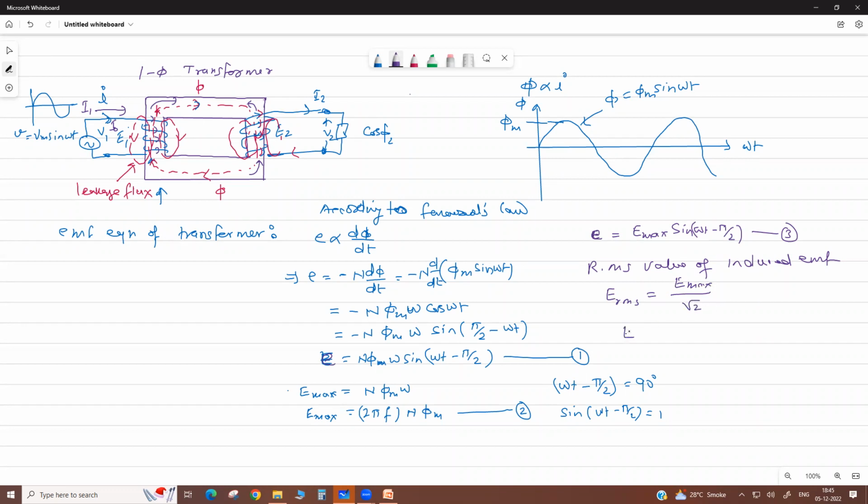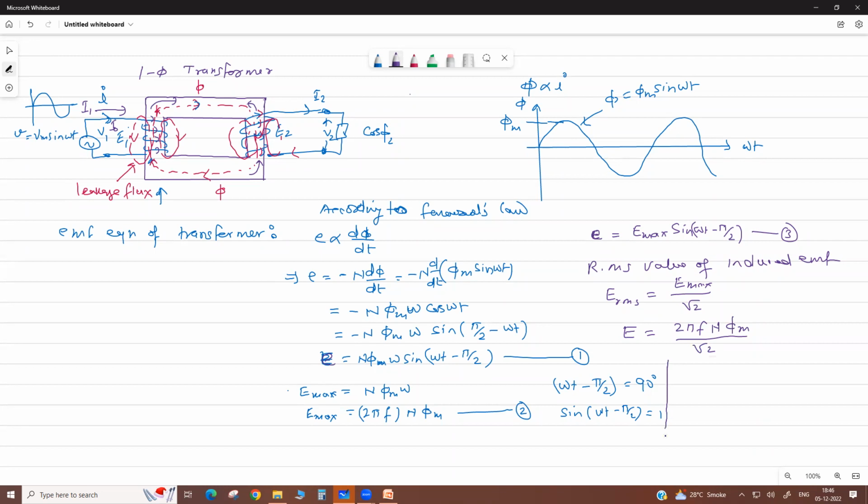The RMS value we represent by capital E, so it is not required to write RMS. And E maximum is 2 pi f n phi m, divided by root 2.